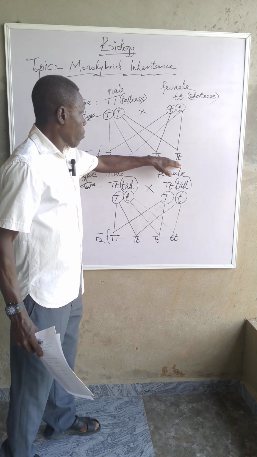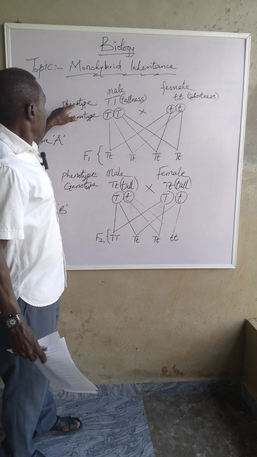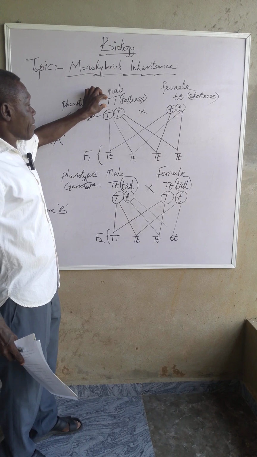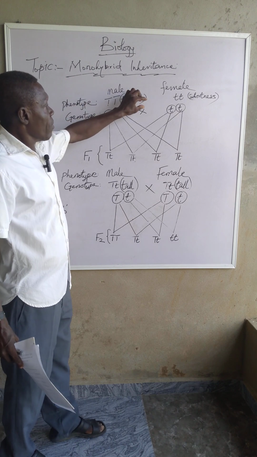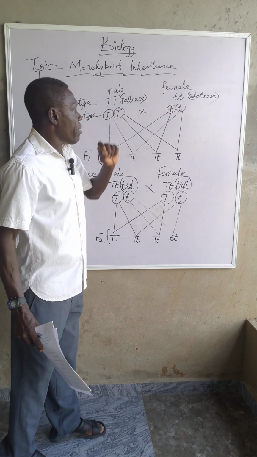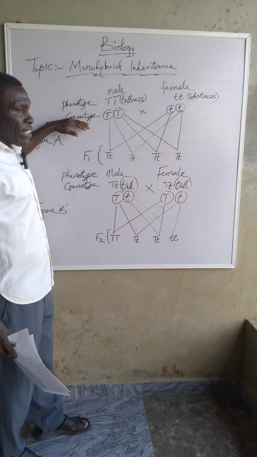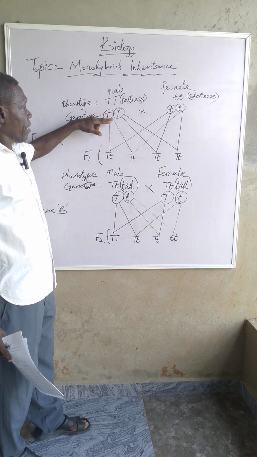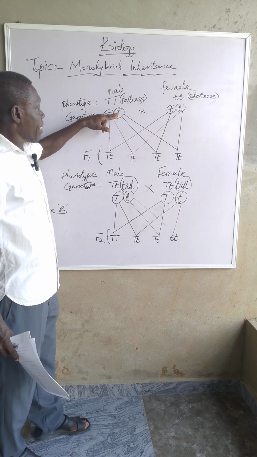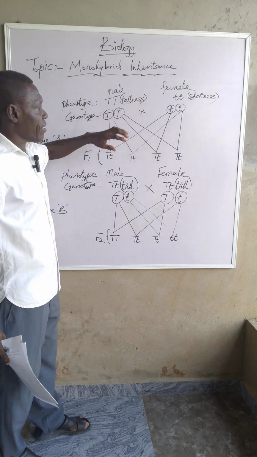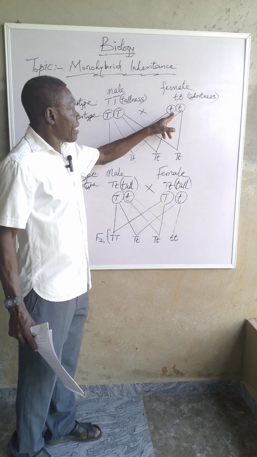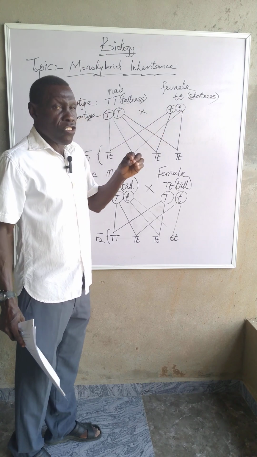All were tall. This is the phenotype, tallness for the male, shortness for the female. The genotype, the genes they carry: this is capital T, that is pure tallness; small letter t is pure shortness.